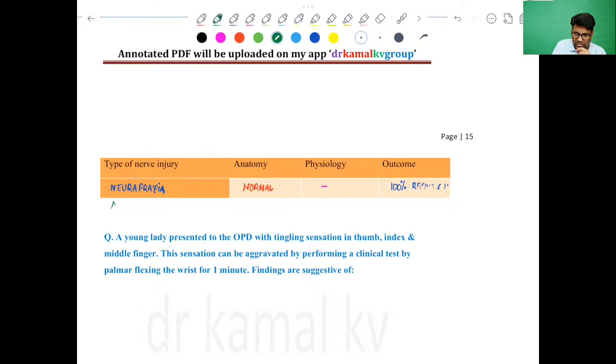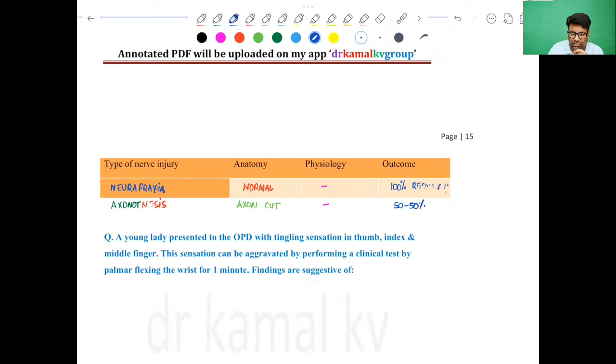The other variety is axonotmesis. Right? So the other variety is axonotmesis, and here the axon is cut. So there is injury. Yes, of course, the axon is cut, and physiology will go. So here you can say it is 50-50.